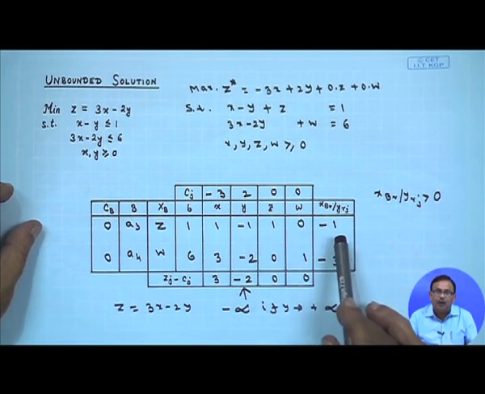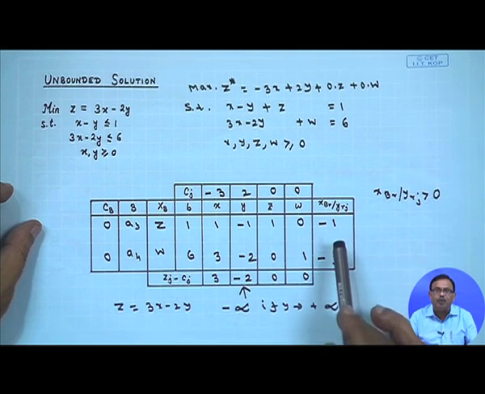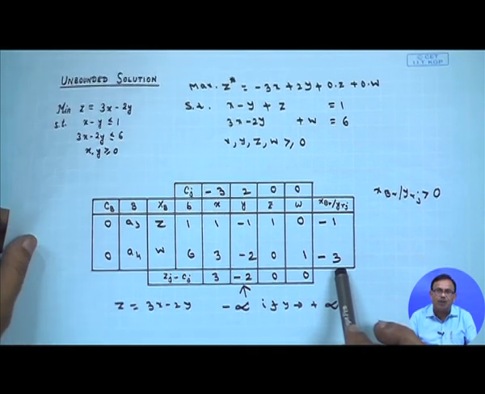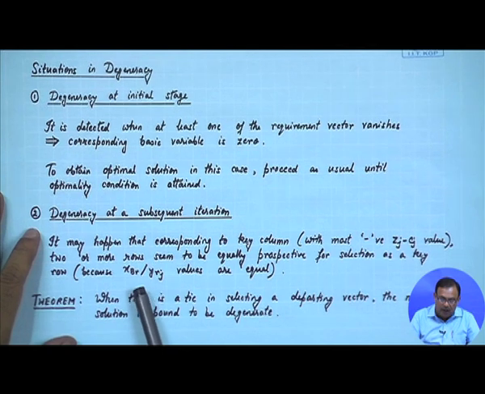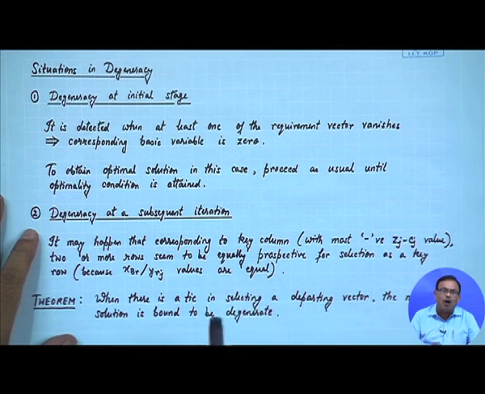It may happen that the values of these ratios are the same in more than one entry, because the xBr by yrj values are equal. So degeneracy occurs, number one, if you find initially that the value of a basic variable is 0. Another case is when you calculate the xBr by yrj ratio and that value is the same in more than one element of the ratio column, then also degeneracy occurs.